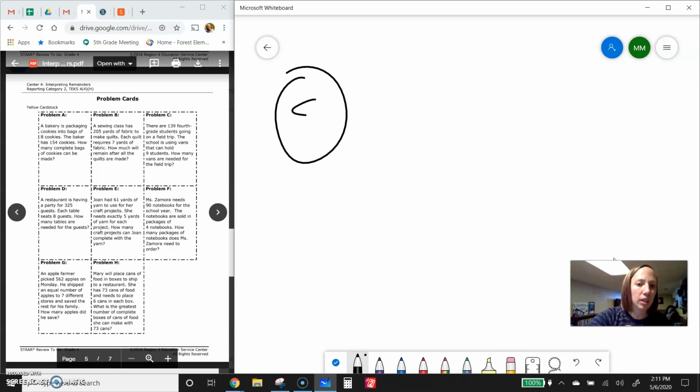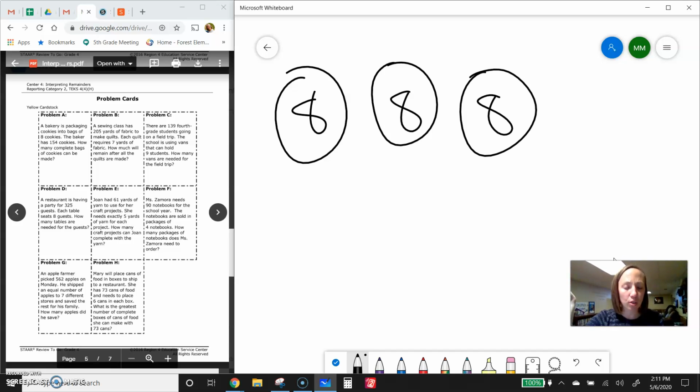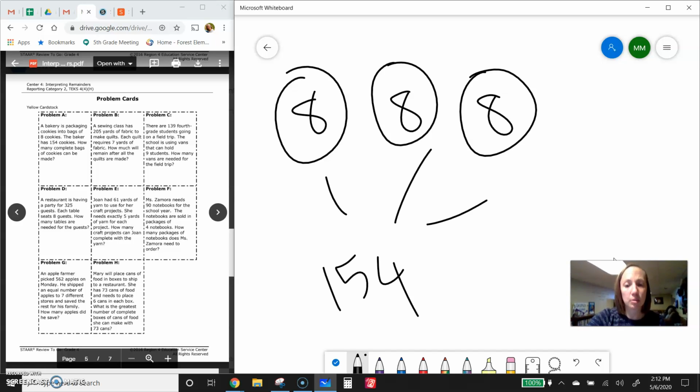Okay, so each bag has 8 cookies. The baker has 154 cookies, which he's putting into these bags. How many complete bags of cookies can be made? Well, if I'm splitting it up into groups, I know that's division. Hint, all of these are going to be division.